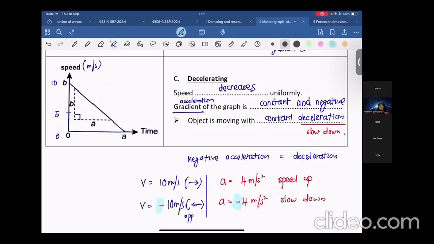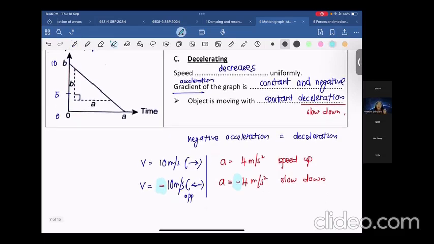So for velocity, positive and negative carry the meaning of direction. But for acceleration, positive and negative do not mean direction. They mean whether it is speeding up or slowing down. So you have to differentiate between these two.